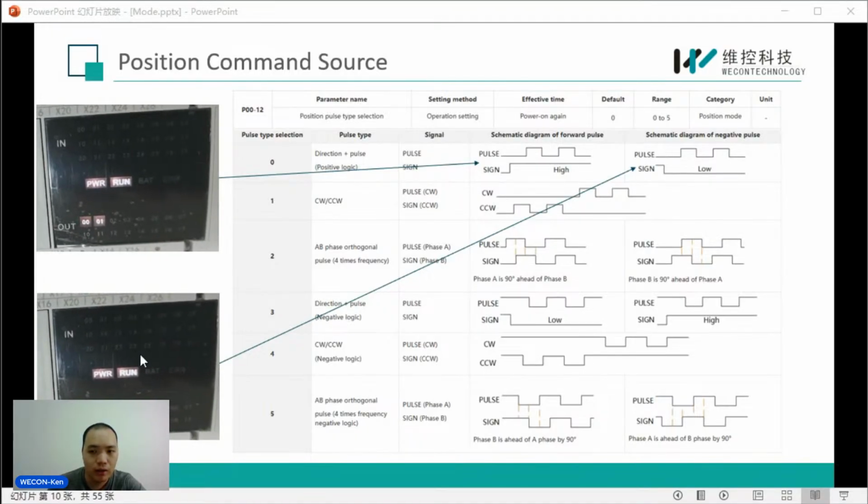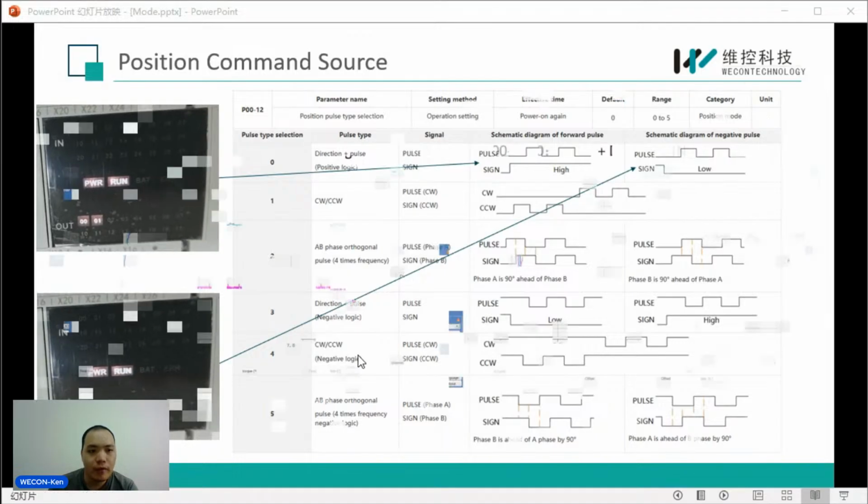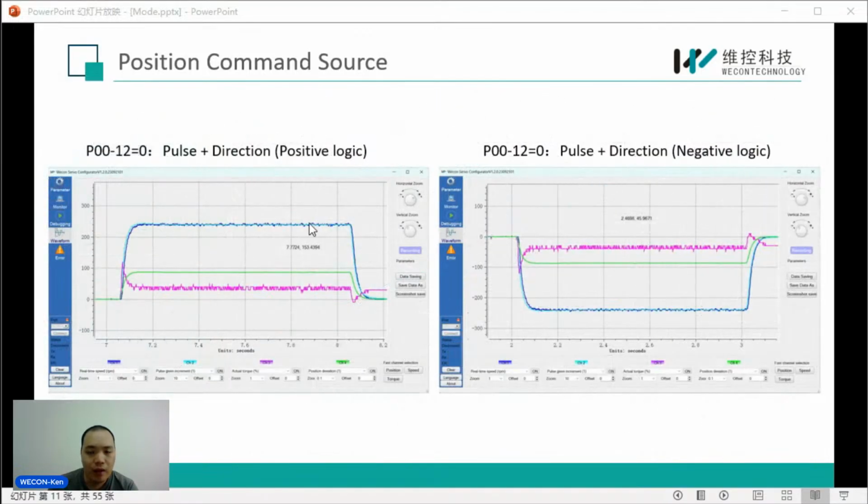And for the second video, same configuration. So the direction of movement of the motors in video 1 and video 2 is opposite. Here is the waveform of the movement. You can see they are opposite.